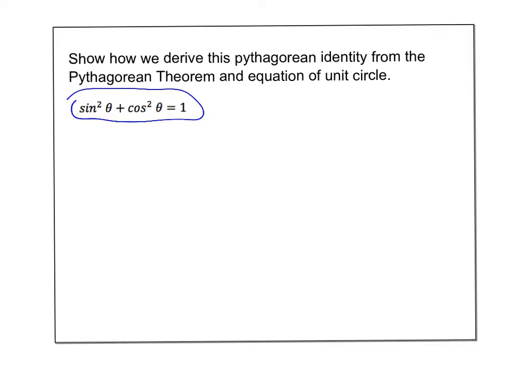So how do we come up with this? Well, if we start with the equation of a circle, it goes like this: x minus h squared plus y minus k squared equals the radius squared.